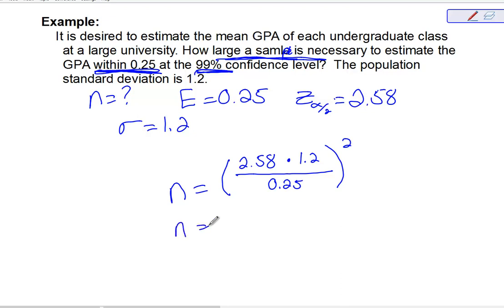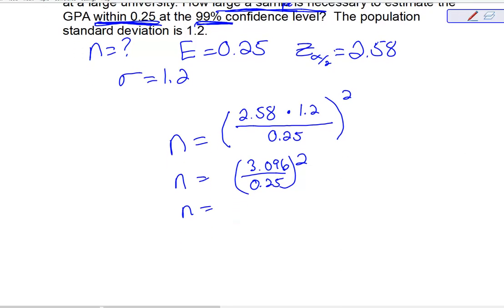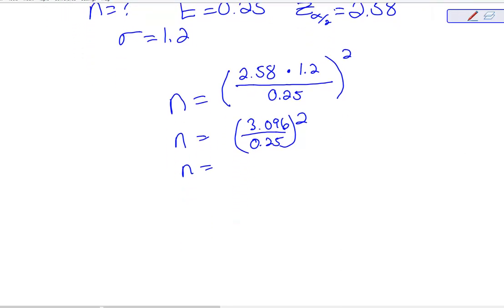So 2.58 times 1.2 gives me 3.096, divided by 0.25 gives me 12.384. And then square that, and I get 153.363.